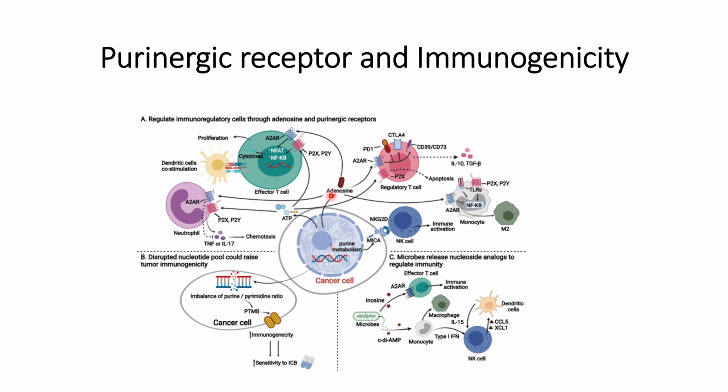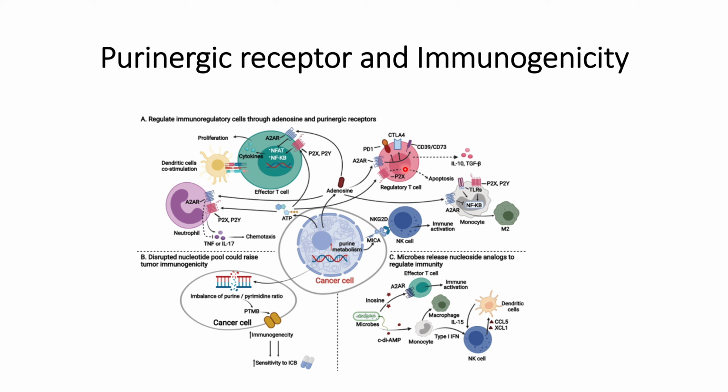And these adenosines, apart from effector T cells and neutrophils, also act on regulatory T cells and NK cells. Regulatory T cells also have the receptors. When these regulatory T cells get activated, it will lead to the release of cytokines such as interleukin 10 and TGF beta, and this will also trigger the apoptosis of these regulatory T cells.